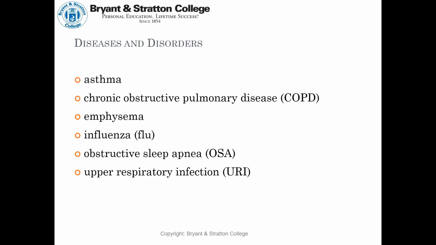So we got some disease conditions to talk about. Asthma. Asthma is characterized essentially by spastic breathing patterns that aren't voluntary. We have chronic obstructive pulmonary disease, also known as COPD.